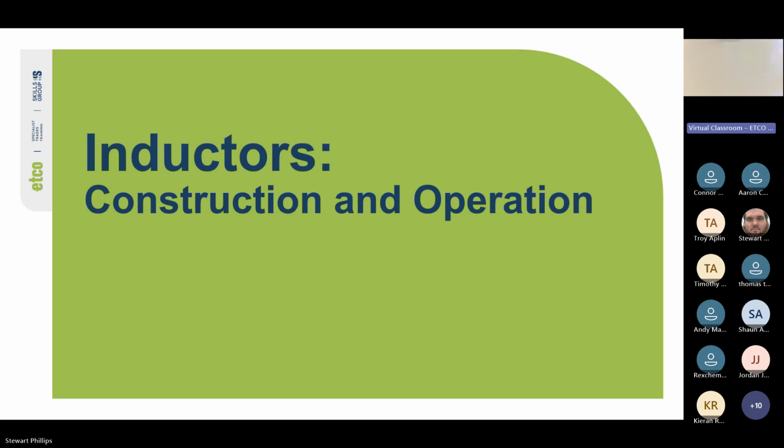What are inductors? Yep, that's one type.